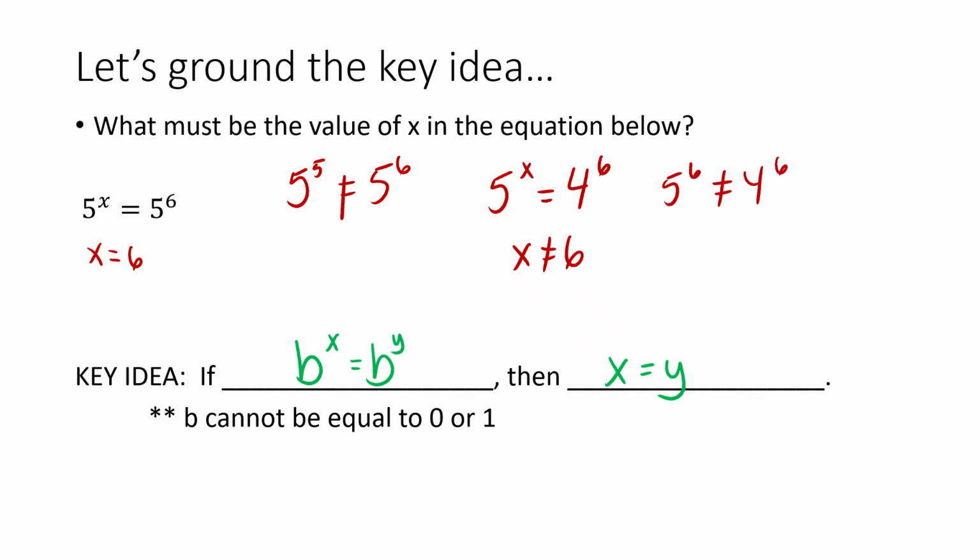Now there's an asterisk there that says b cannot be equal to 0 or 1. Those are like super special numbers. So if you had like 0 to the 3rd power equals 0 to the 4th power, that actually would be true. And the same with like 1 to the 3rd and 1 to the 4th, that actually would be true. And the 0 and 1 are additive and multiplicative identities.